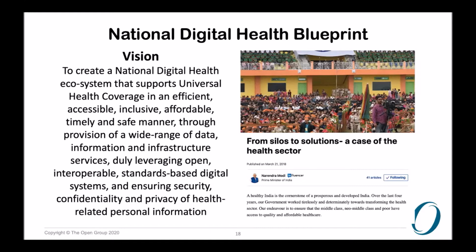It will give you some insights into why the vision statement was crafted in the way it is. My intent here is not to read you through the full article, but I think you get the point. So the whole philosophy and thinking behind developing the digital health architecture is to move from silos to integrated solutions, with specific mention of the health sector.